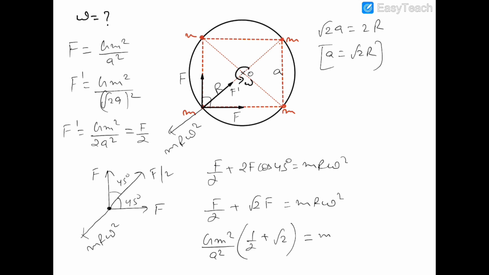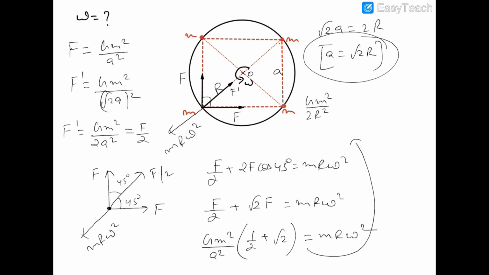That is equal to m r omega square, and the value of A is root 2 r. So I'm writing it here, that G m square by 2 r square, and this is 2 root 2 plus 1 over 2, is equal to m r omega square.